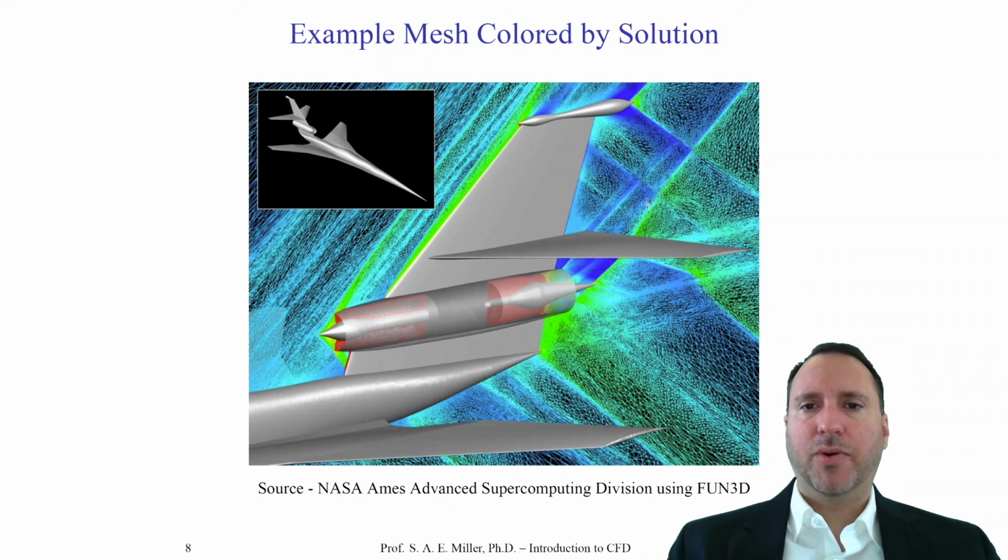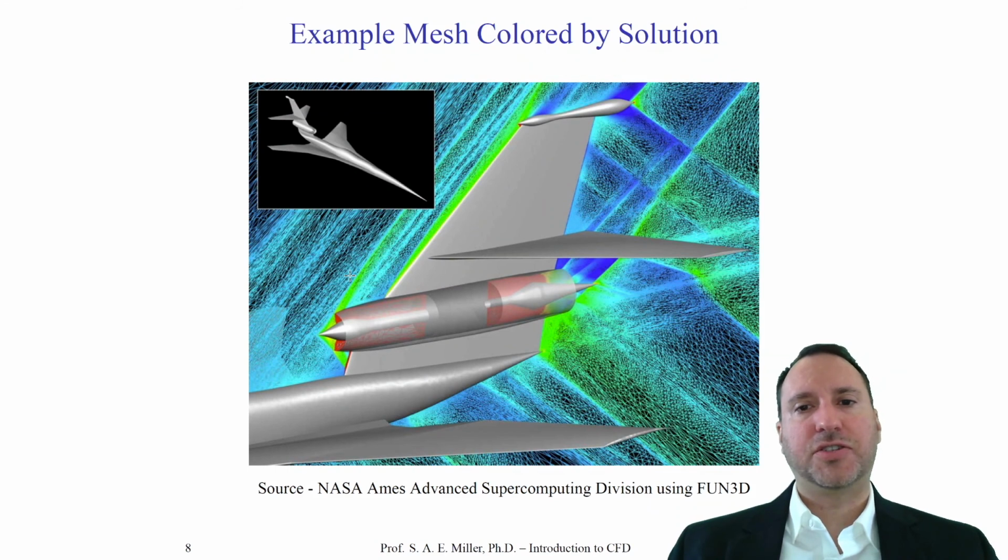A lot of the grid points are centered around where the shock waves occur. So the solver has actually modified the computational grid as it runs to resolve shocks. Remember, shocks are discontinuities in the flow, and they have extremely large gradients. So the more grid points you put at the location of a shock, the more resolved the solution you'll have.